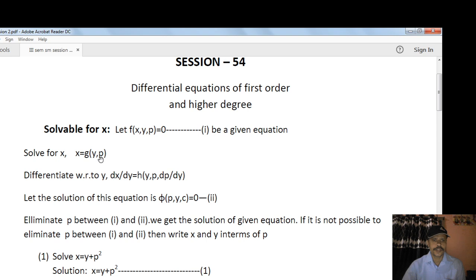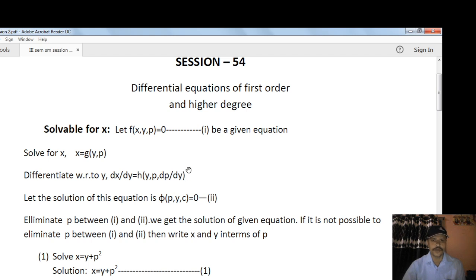If the function contains p square, then the derivative of p square with respect to y is first of all 2p. That means the RHS term contains p, and the derivative of p with respect to y is dp by dy. That means the RHS terms are involved in y, p, dp by dy.